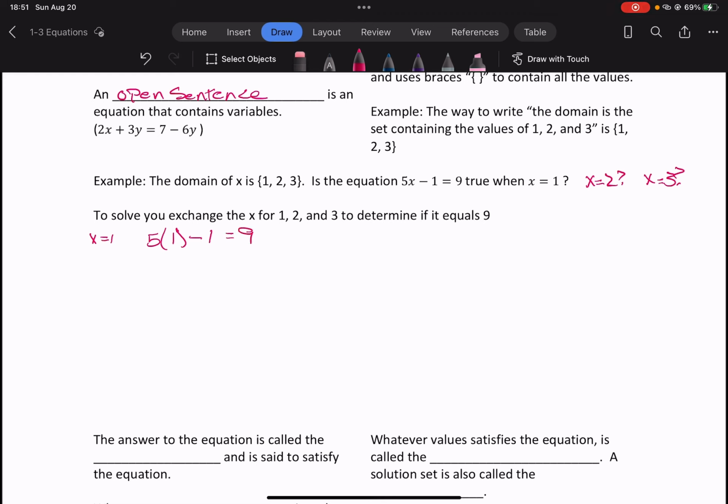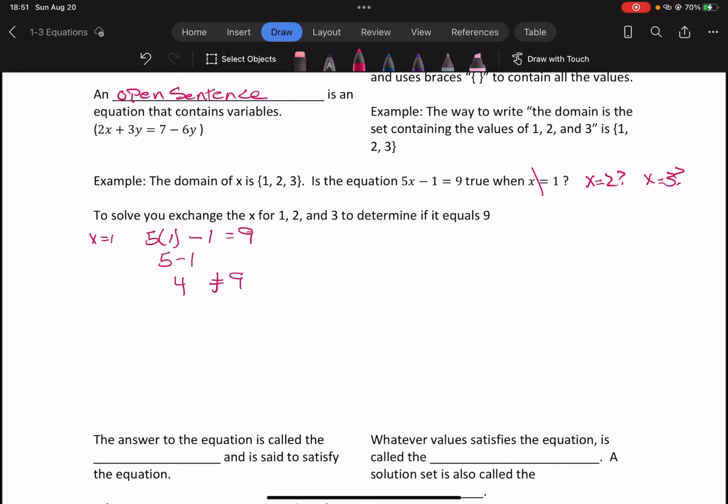I want to see if that is true. Well, 5 times 1 is 5, minus 1. Well, that is 4, and 4 does not equal 9. So we know 1 is incorrect.